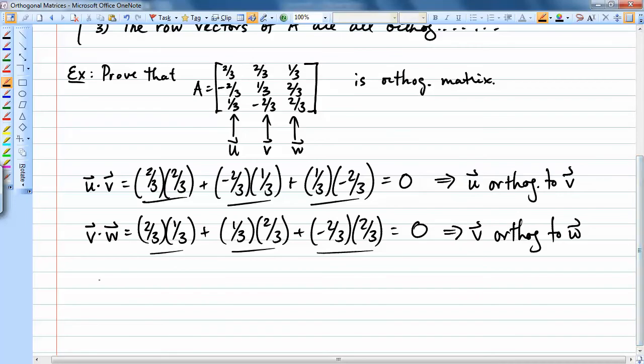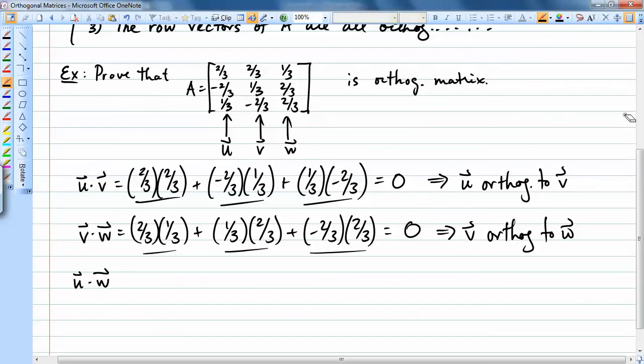And then we also have to check whether U and W are orthogonal, because it is possible that maybe U looks like this, V looks like this, and W looks like that. In that case, W and V wouldn't be orthogonal too. So we have to prove that all three of them are orthogonal.